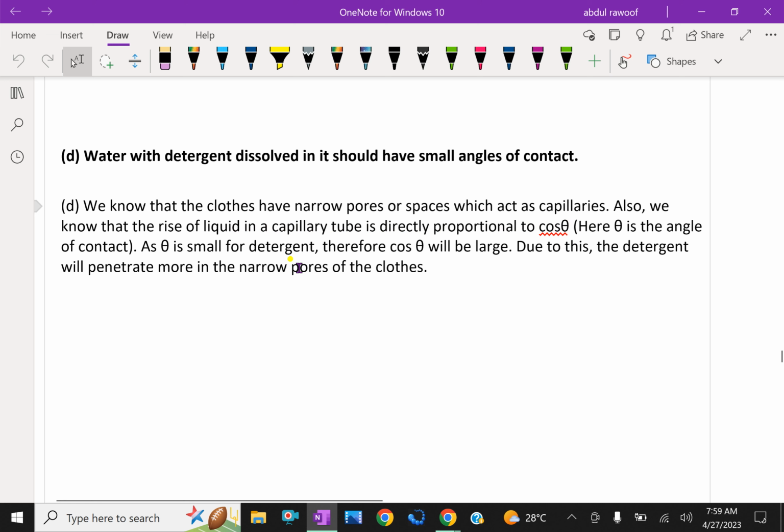Theta is small for detergent. Therefore, cos theta will be large. Due to this, the detergent will penetrate more into the narrow pores of the clothes. That is why for washing clothes we use detergent: the water should penetrate more inside the pores of the clothes.